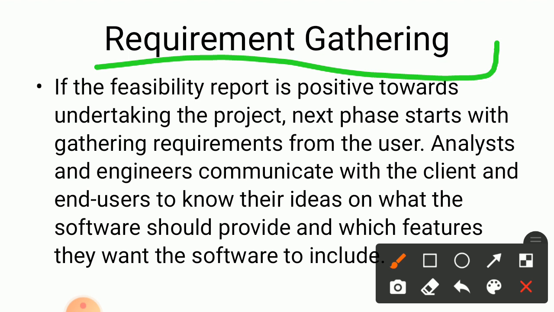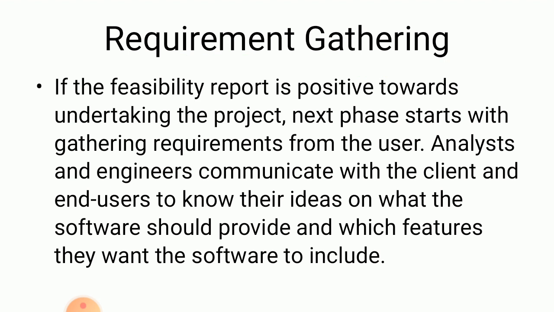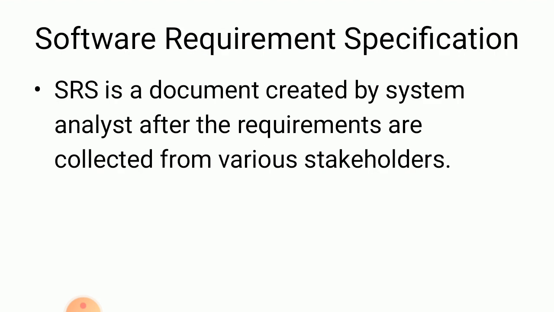So requirement gathering is the second step of requirement engineering, in which the requirements of the client are gathered, and based on these requirements, the software requirement specification is prepared by the software team.